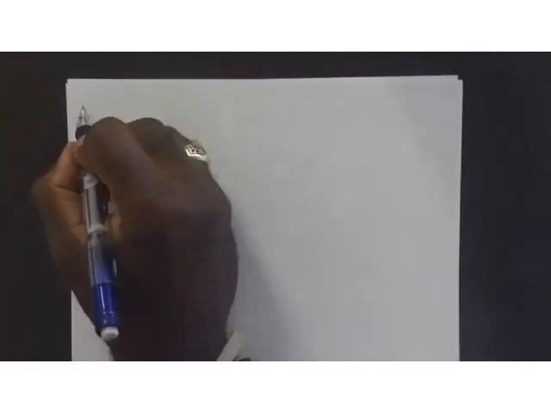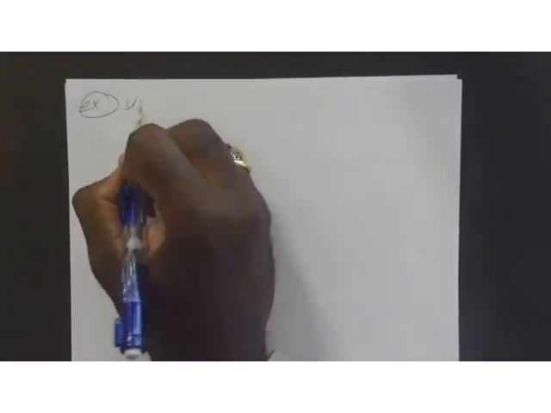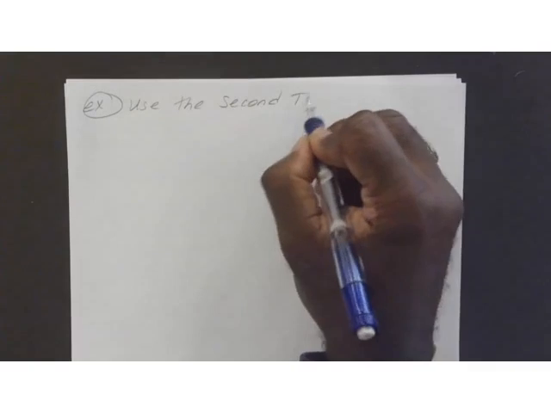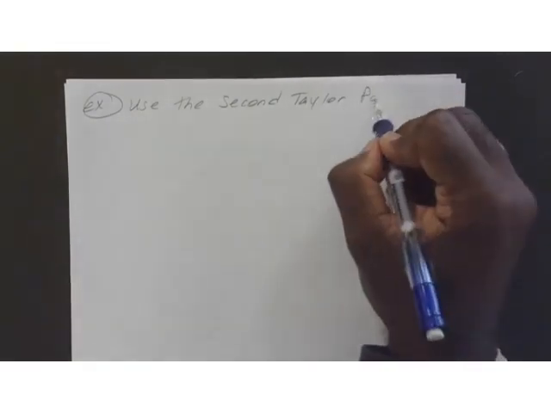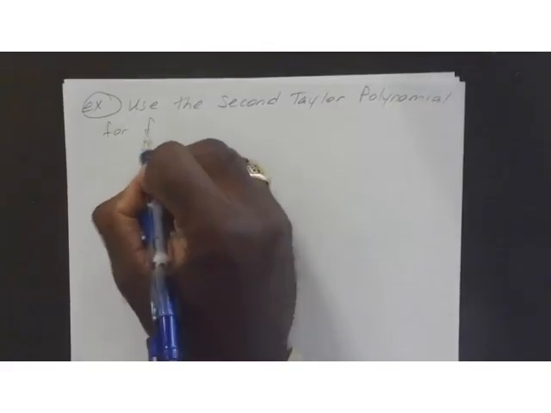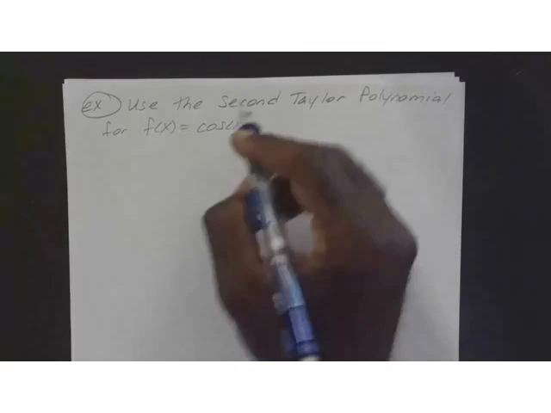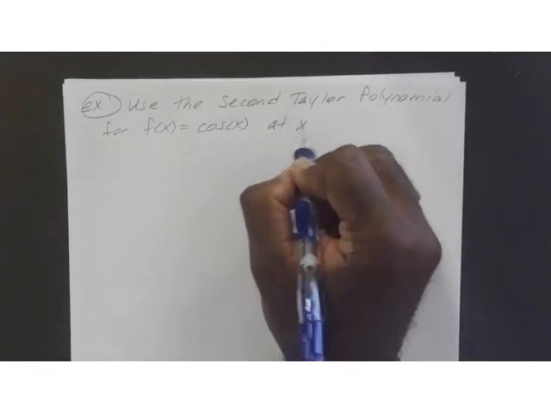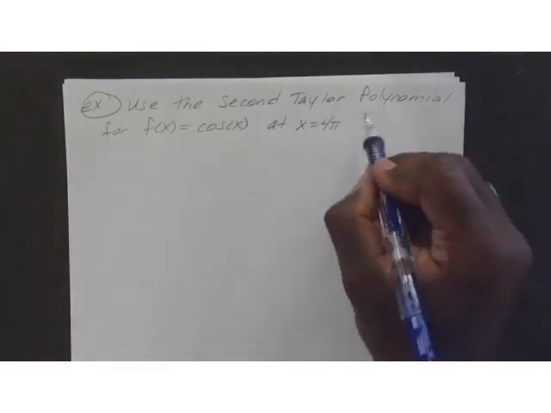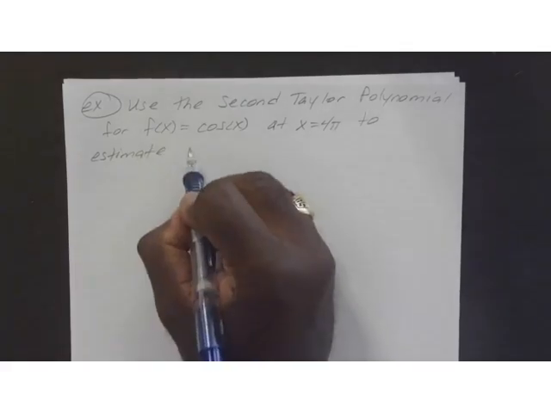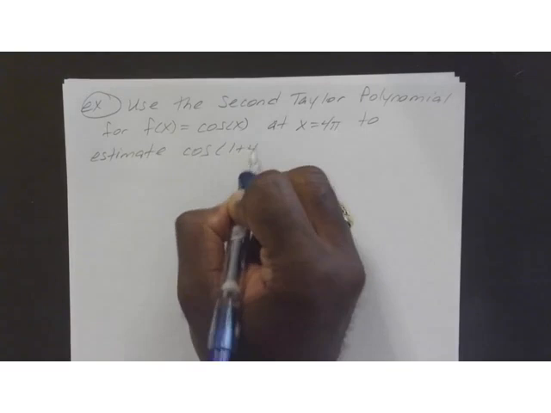Okay, so let's say, for example, if we wanted to use the second Taylor polynomial for f of x is equal to cosine of x at x is equal to 4 pi, to estimate cosine of 1 plus 4 pi.